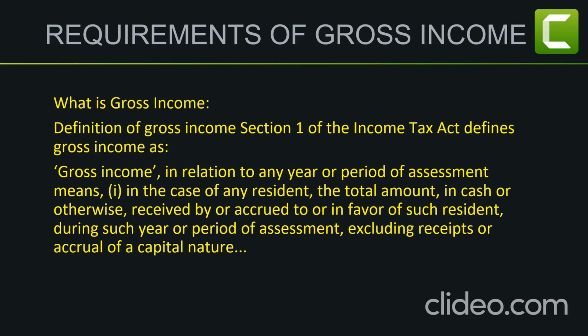I think at this point it's very important to reflect on this. Once you have an understanding of what constitutes gross income, all of these 6 requirements must be present, or must be ticked, for an amount to be included in an individual's gross income.